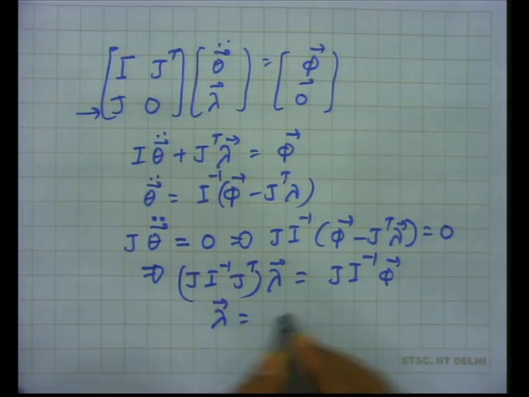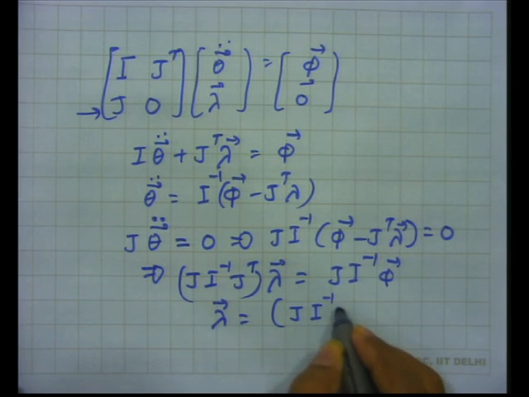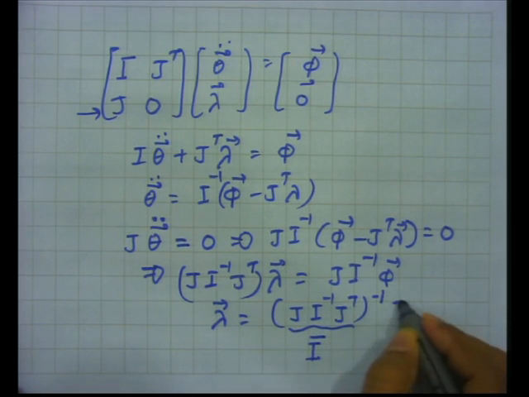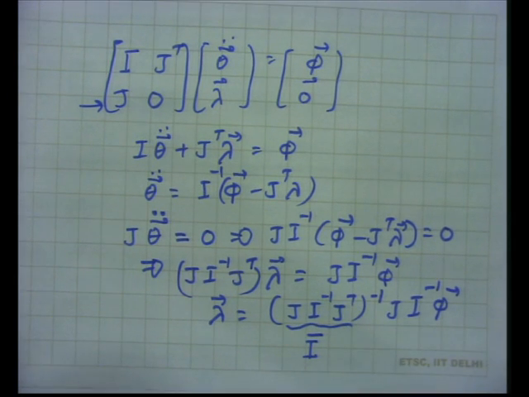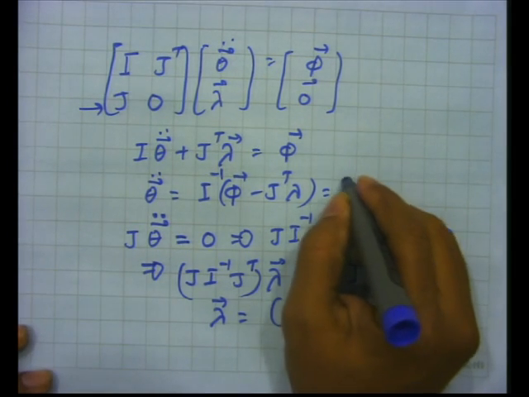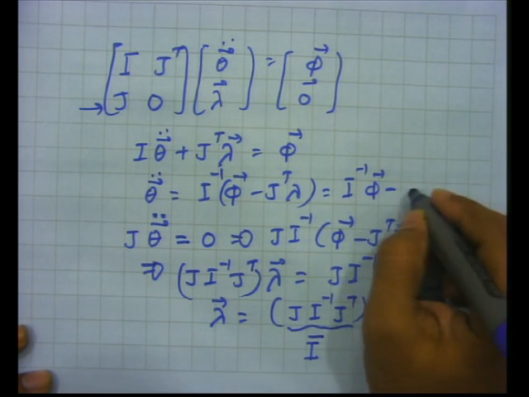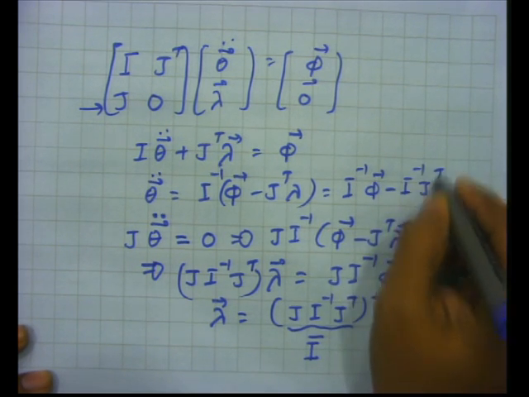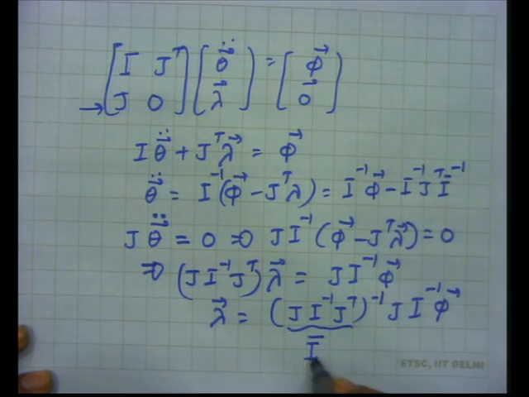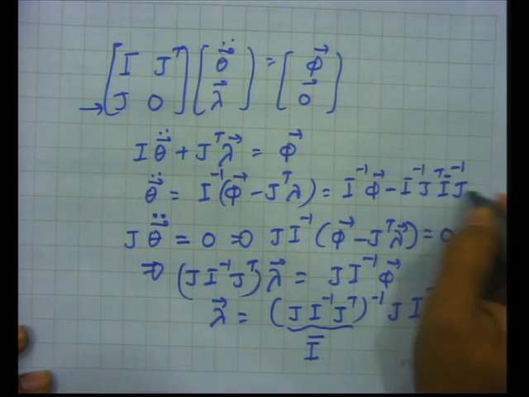From here the lambda expression I can calculate as lambda equals I bar inverse J I inverse phi, where I bar is J I inverse J transpose. This expression of lambda will be substituted back in this equation here. So now theta double dot will become I inverse phi minus I inverse J transpose I bar inverse J I inverse phi.